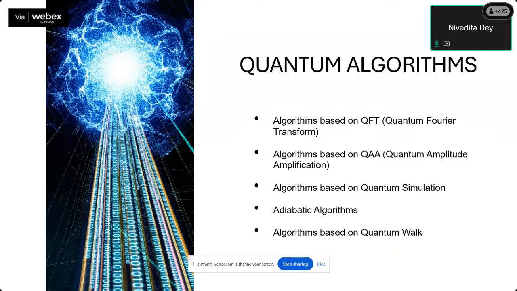So a quick introduction. Yesterday you had some idea of quantum algorithms and you have seen the Deutsch algorithm, but the motivation is that there are a few algorithms.